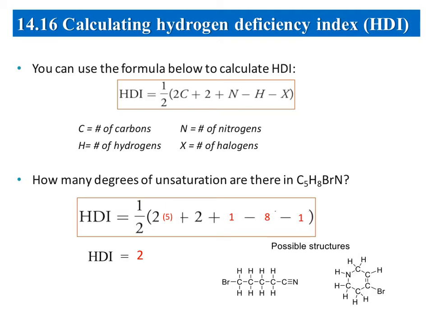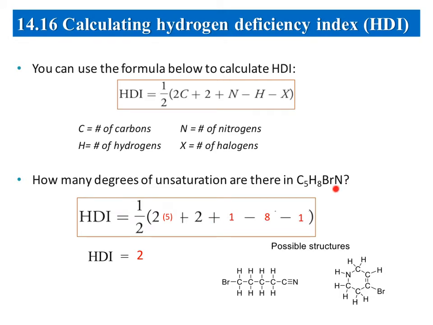So for example, as a practice, we want to calculate the HDI for this molecular formula. So we can use the HDI formula, 1/2 of 2 times the number of carbons. We have 5 carbons in this formula, plus 2, plus the number of nitrogens.